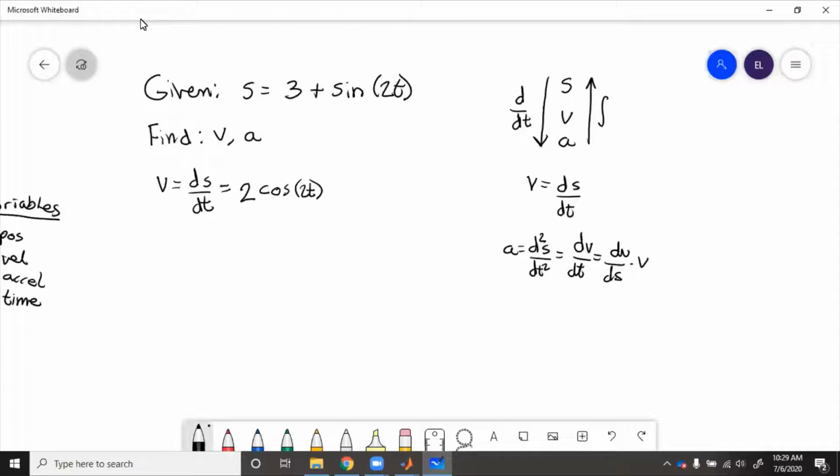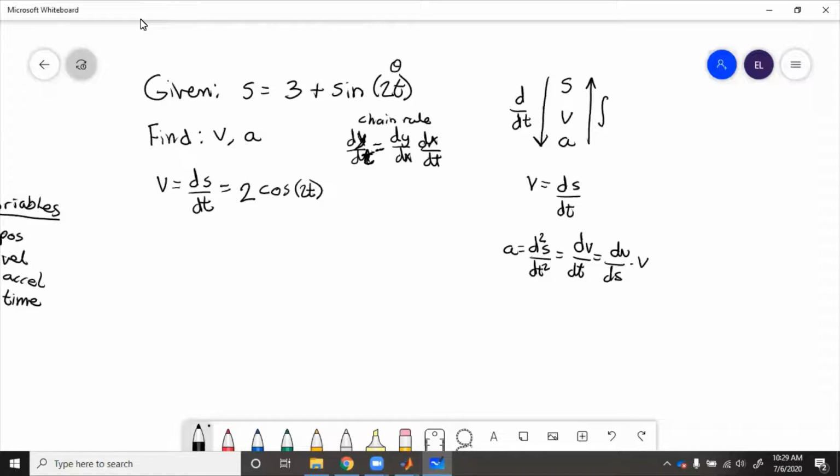That is dy dt, sorry, dy dt equals dy dx dx dt. Okay, that's chain rule. So in this case, instead of y, we were doing s.